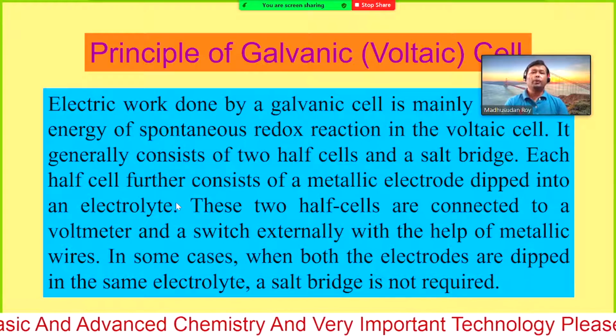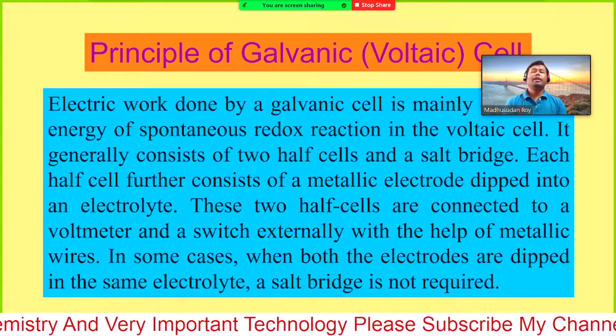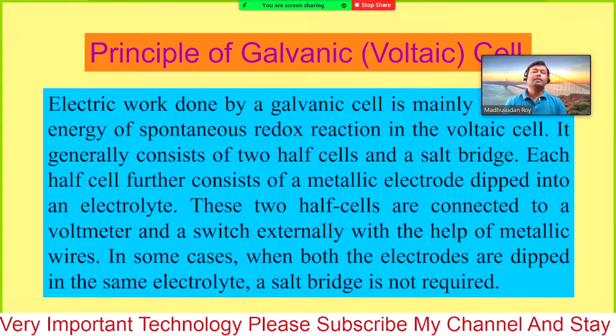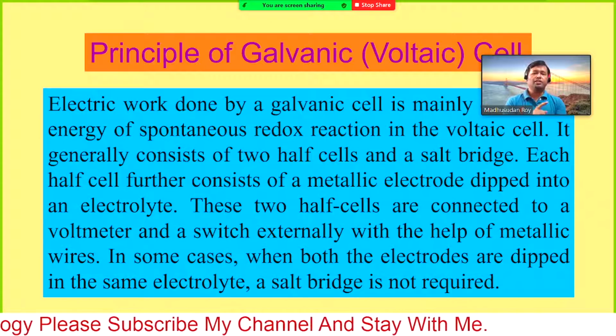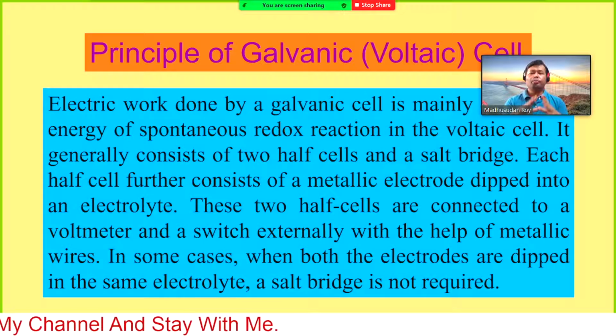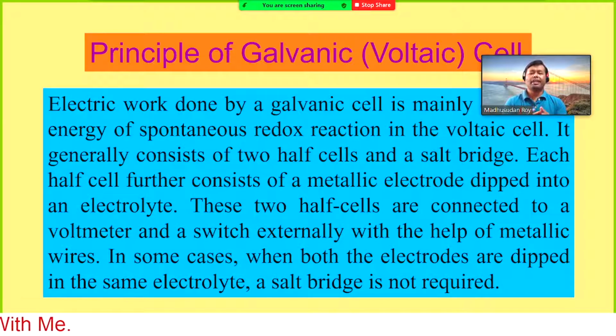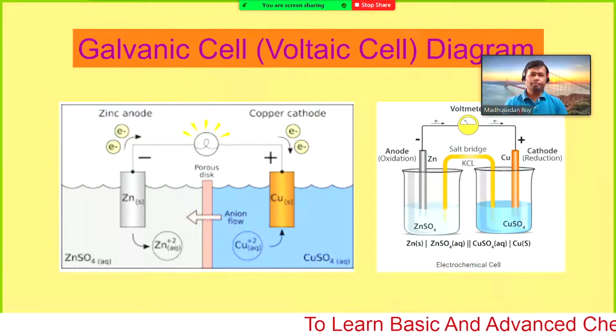If you dip both electrodes in the same electrolyte solution, there is no need for a salt bridge or external connection, because automatically they can transfer electrons from one electrode to another. So there is no need for an extra connection or salt bridge.